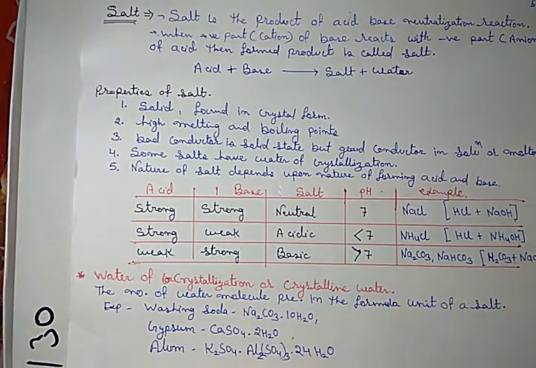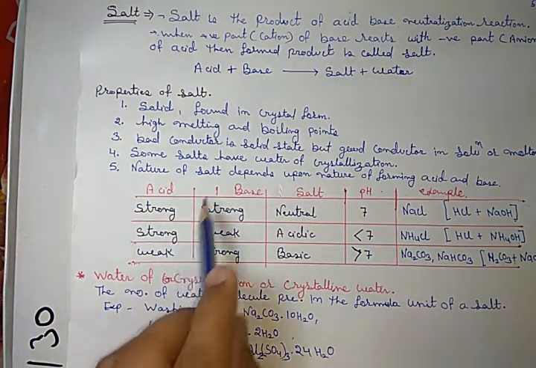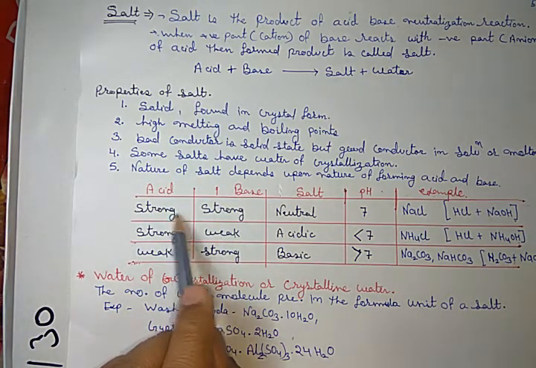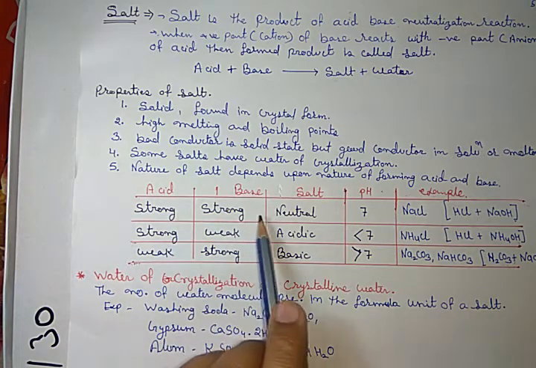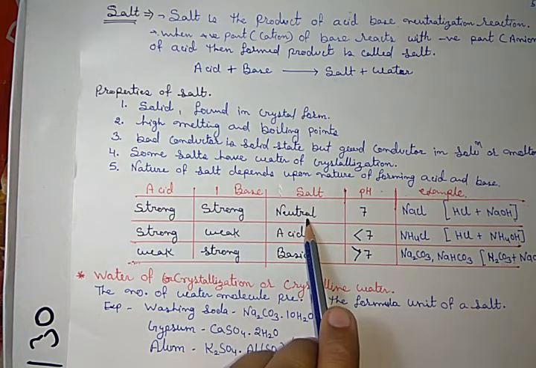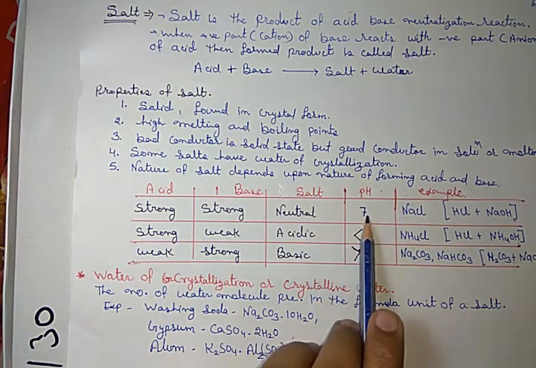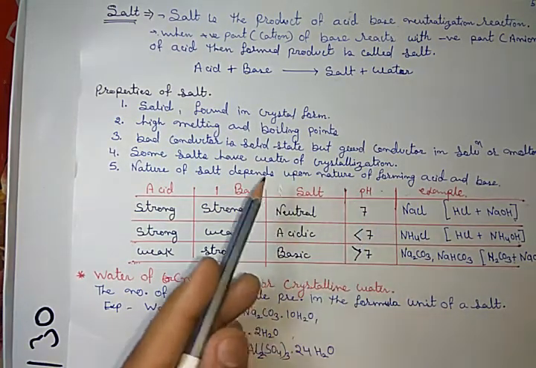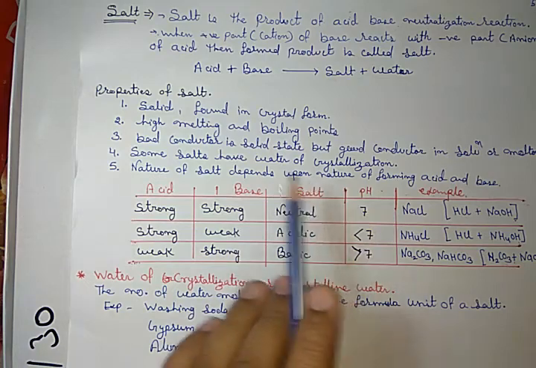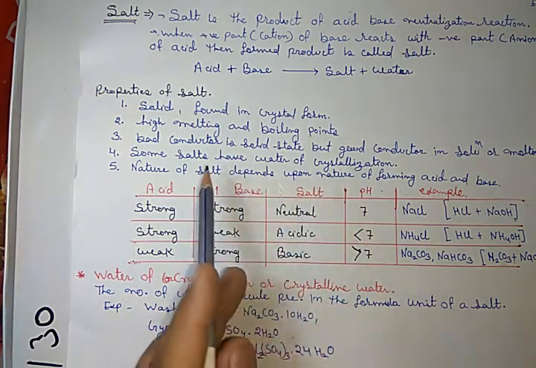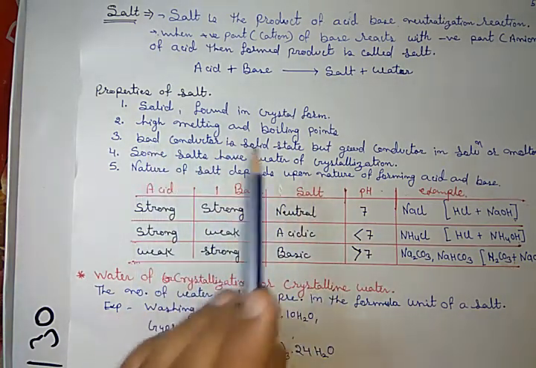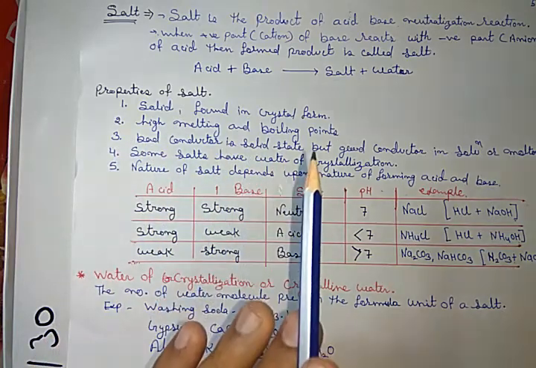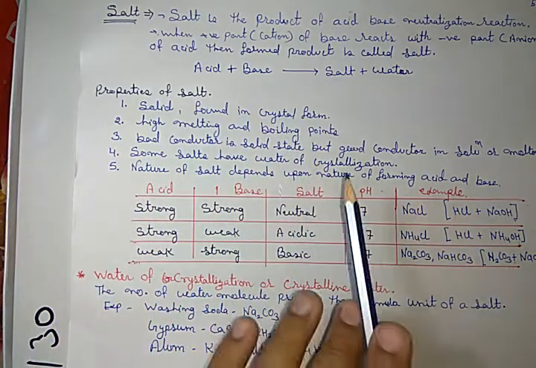Which kind of acid combines with which base decides the nature of the salt. If both are strong, then they completely neutralize each other and the salt becomes neutral, and neutral salt pH is 7. pH is another topic we will discuss in next classes. There is a scale which decides the nature of any substance: 0 to 7 is acidic, 7 is neutral, and 7 to 14 is basic.